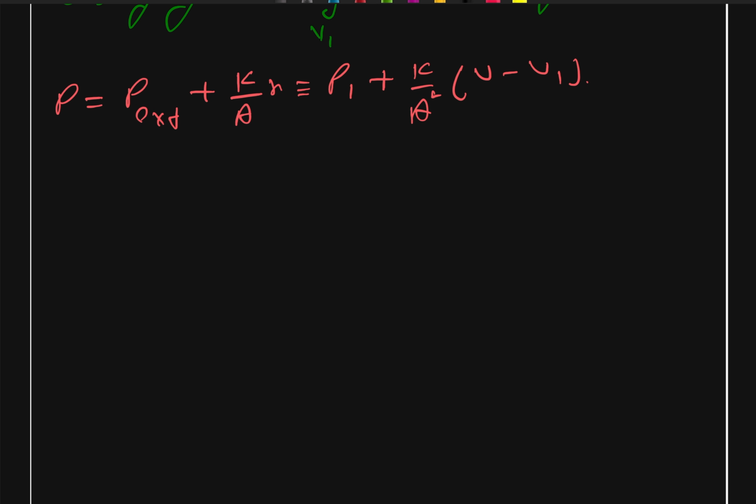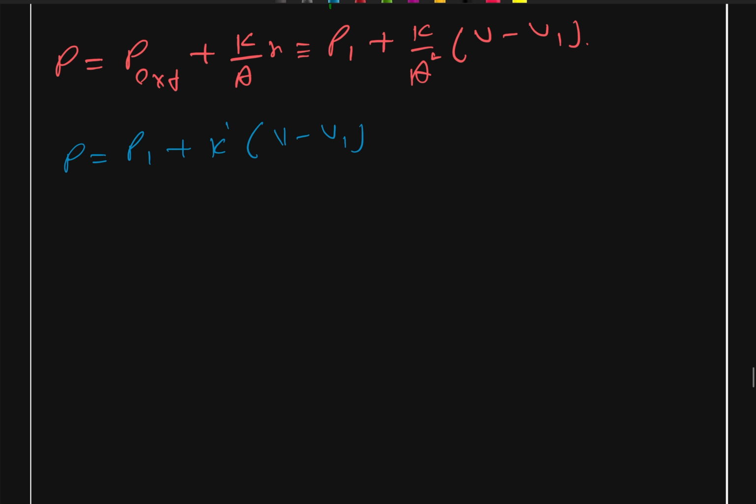And we substitute in terms of K prime, so we get P is equal to P1 plus K prime (V minus V1). Therefore, work done between V1 and V2 is the integral of P1 plus K prime (V minus V1) dV.